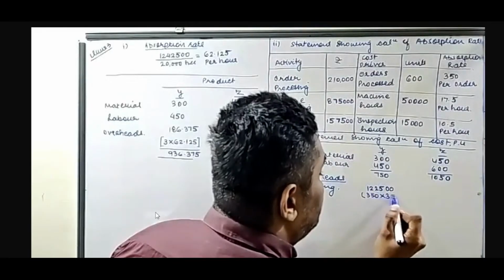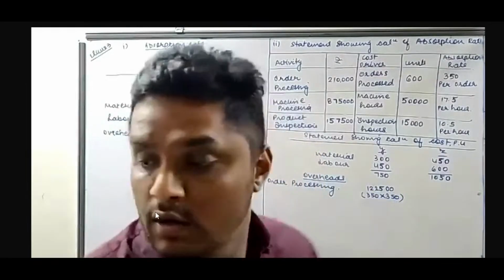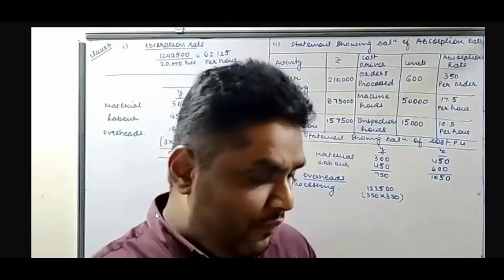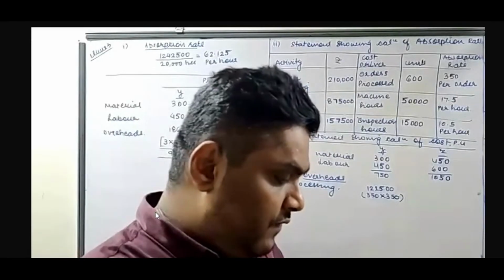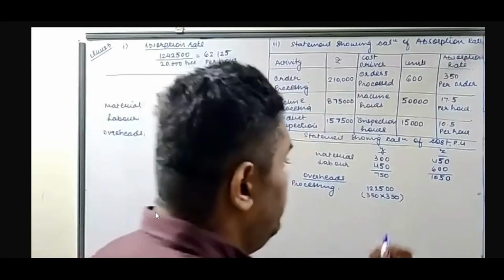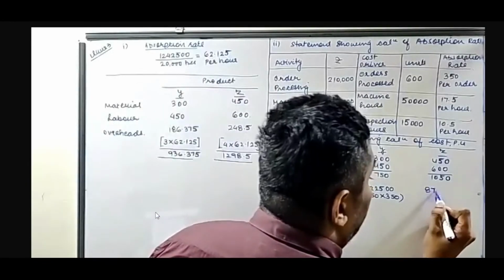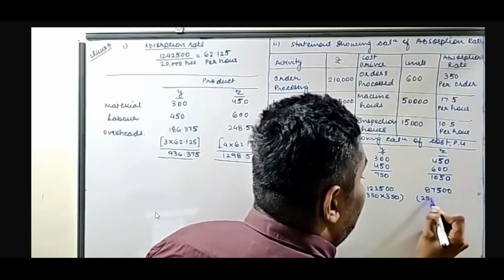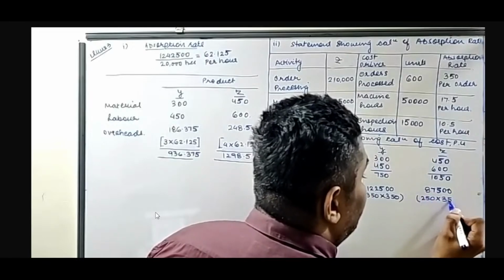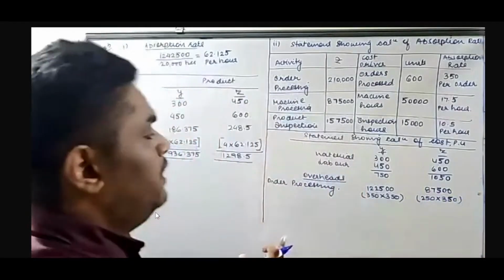For Z, it will be 250 into 350, 87,500. So order processing is over.